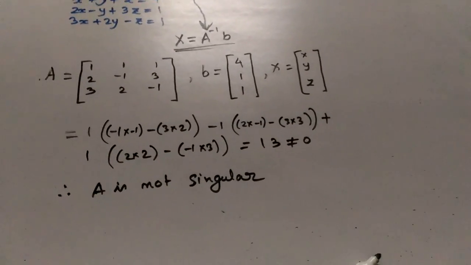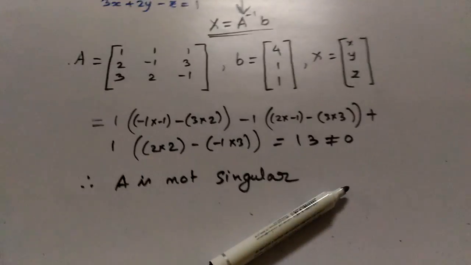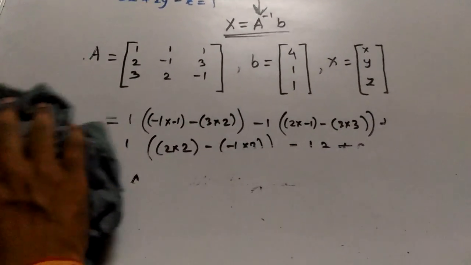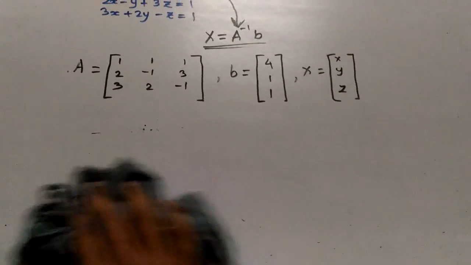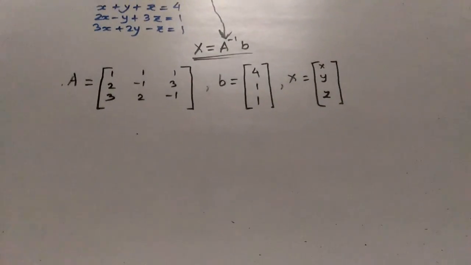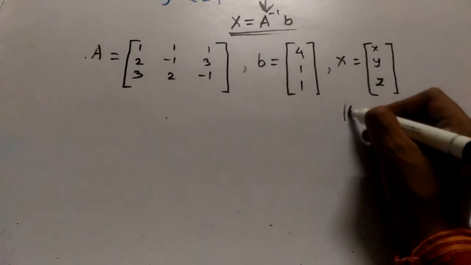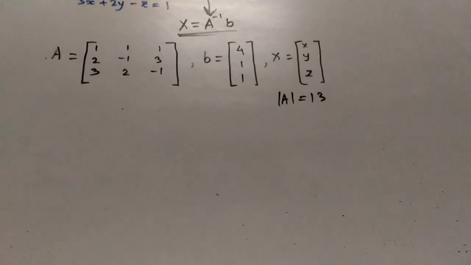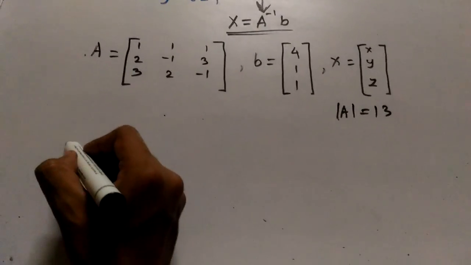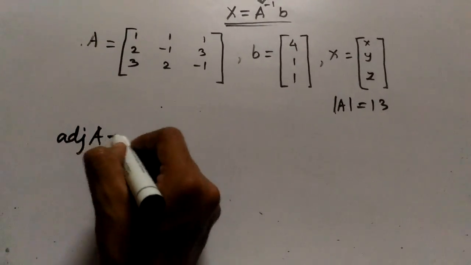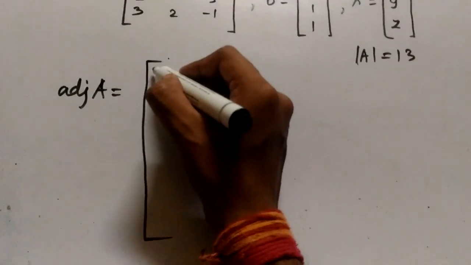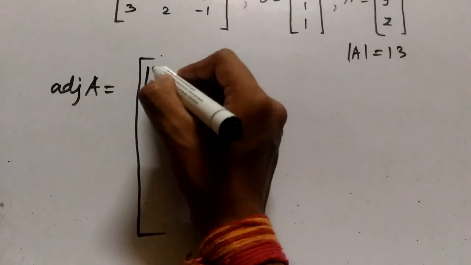So determinant of A is 13. Now we need to find the adjoint of A. The adjoint of A will be built from the matrix containing the cofactors.